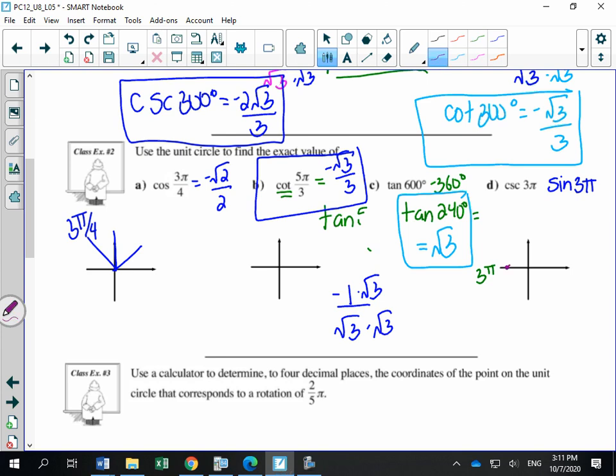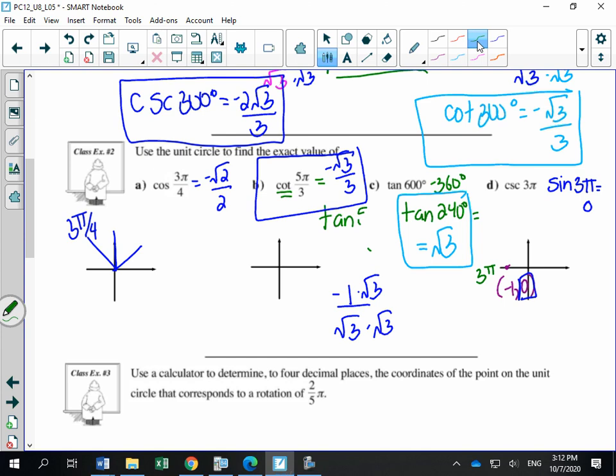And you say, okay, well, what's the coordinate of that axis? Your x value is negative 1, and your y value is 0. So the sine of 3 pi, if I said what's the sine of 3 pi, we know that the sine is the y value, okay? So that answer would be 0. Now, the cosecant of 3 pi is going to be the reciprocal of this.